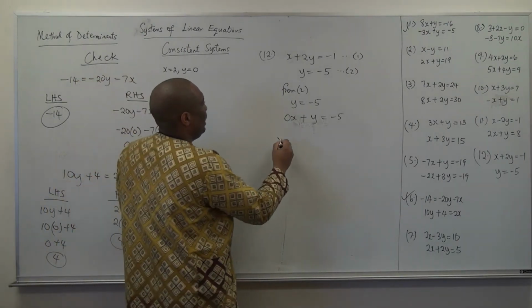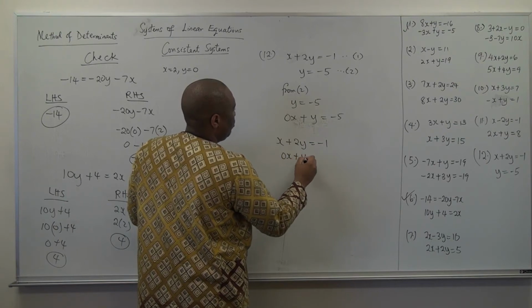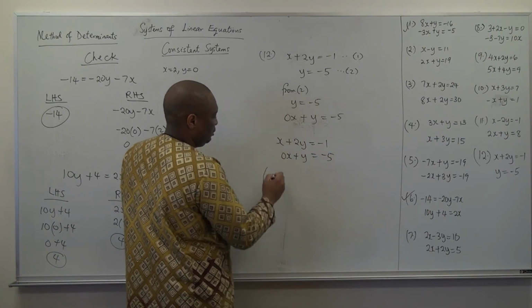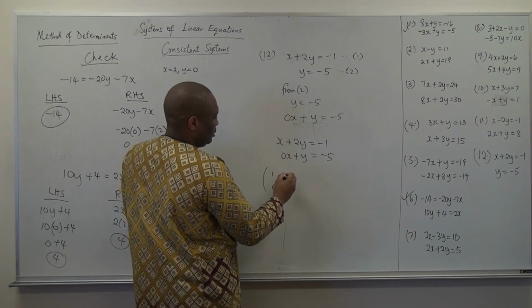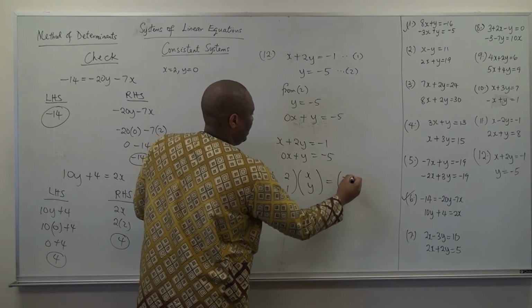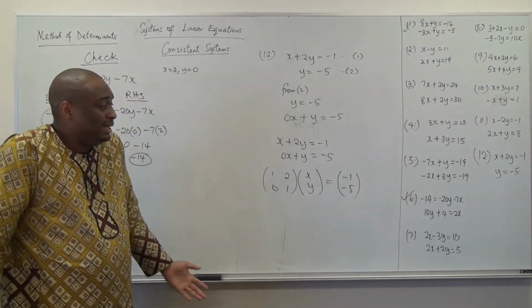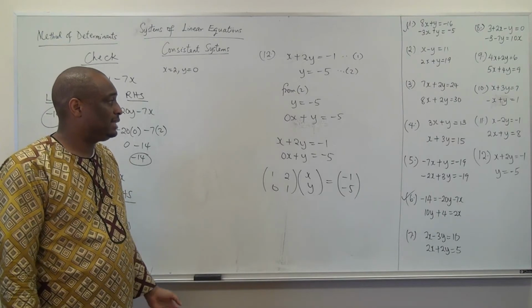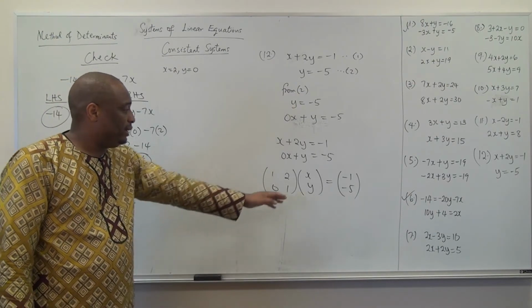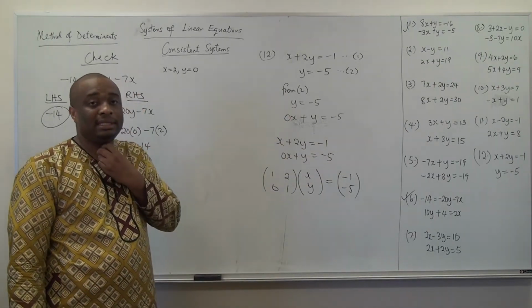So when you have x plus 2y equal to negative 1, and you have 0x plus y equal to negative 5, you can now do it 1, 0, 2, 1, then xy equal to negative 1, negative 5. You do it like this and you solve it. And you get the same answer. I'm telling you, you get the same answer. We already know that y is 5. If you solve it like this now, you will get the answer.